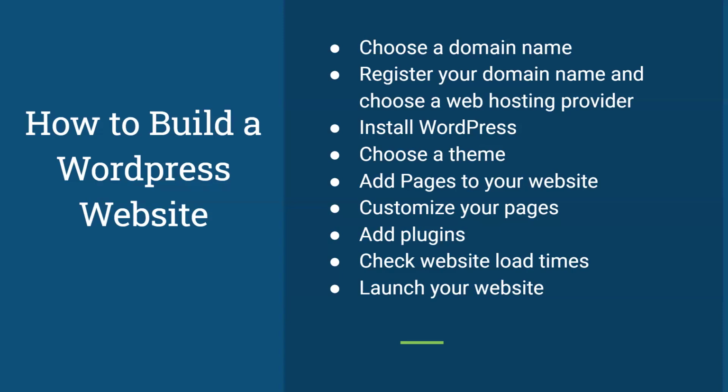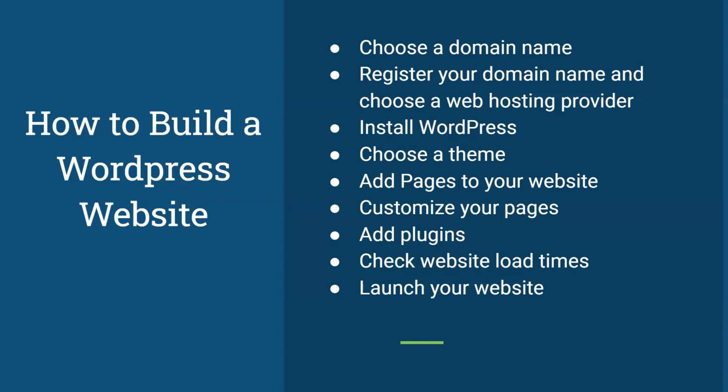Another one is to add plugins. What do we call plugins? Plugins are software components that add specific functionality to an existing web browser. After all you have done, you add a plugin. It makes your website have more functions.